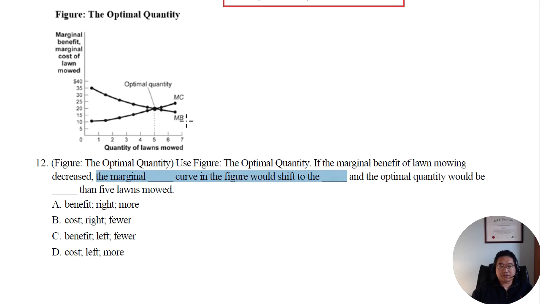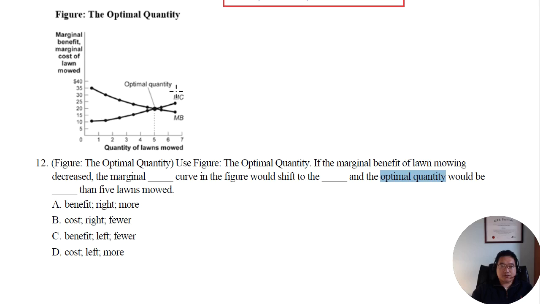The marginal benefit curve is this one, the downward sloping one. And then the optimal quantity would be more or fewer than 5 lawns mowed. Currently, 5 lawns mowed is the optimal. That's where the marginal cost equals the marginal benefit, and that gives us the optimal quantity, right?